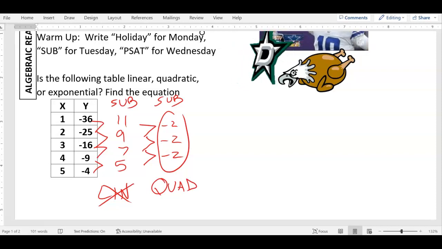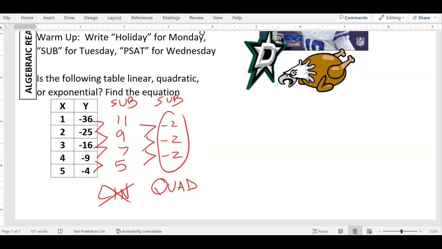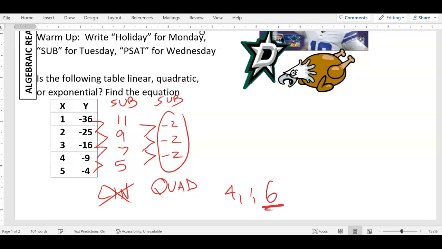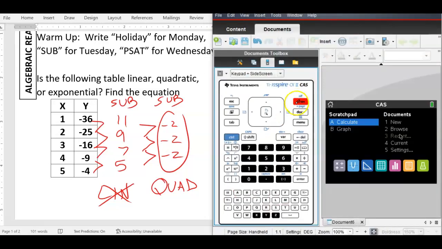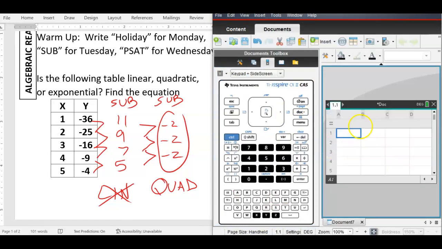But this is quadratic. What do you press in your calculator to get a quadratic regression? You type it into the spreadsheet, you do menu 41 what? 6. So let's do that real quick and we'll get our little equation here. We go to new document, don't save, number 4 at the top, x and y.